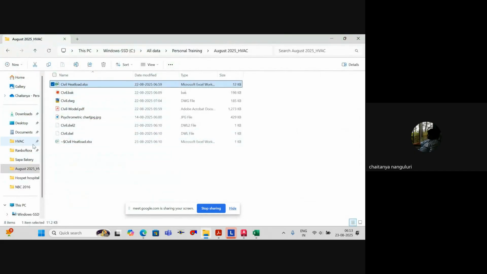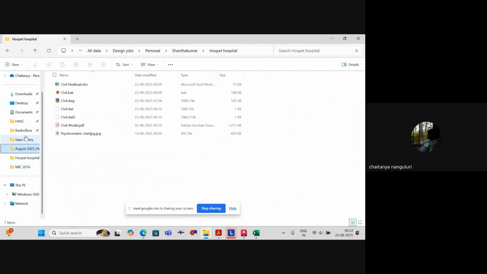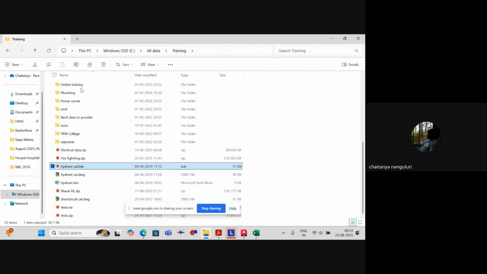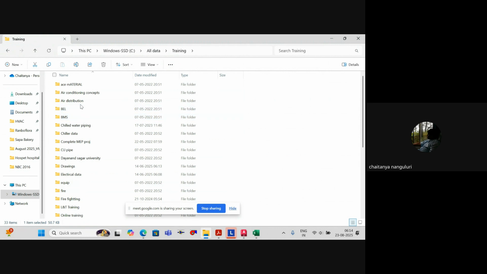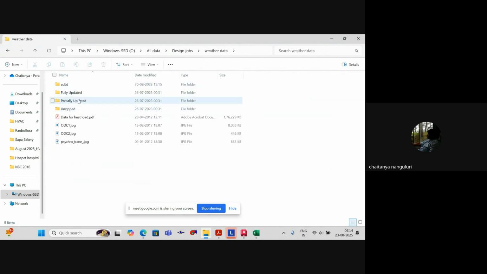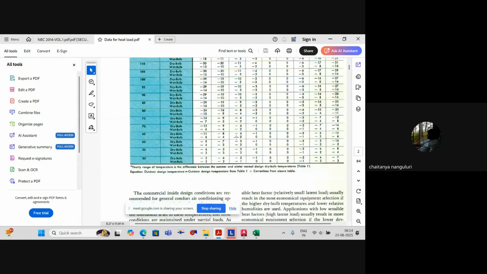So considering those values, just a sec. In this, we have to refer to the U factor according to the material.